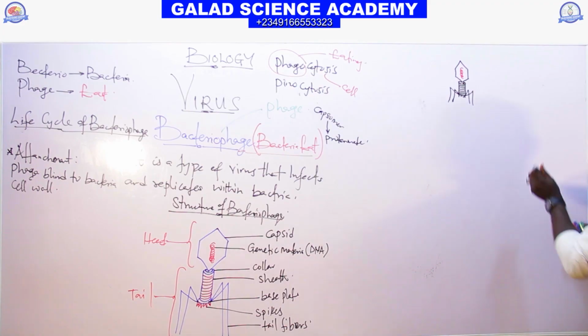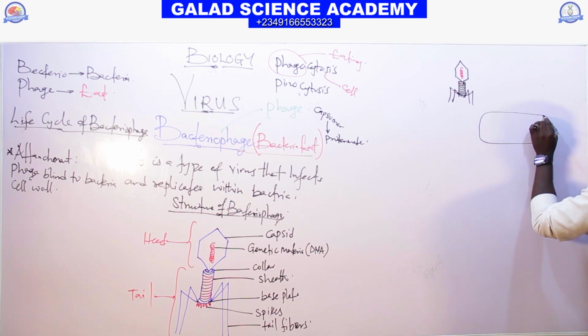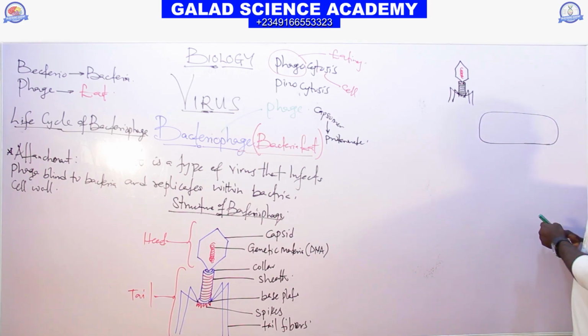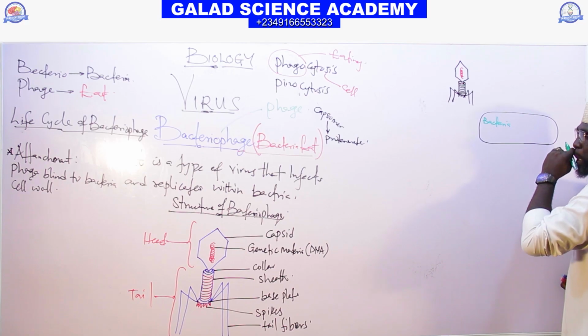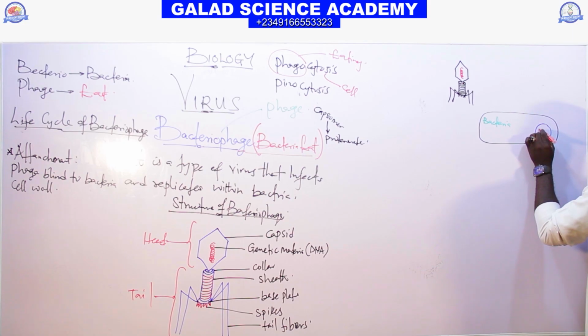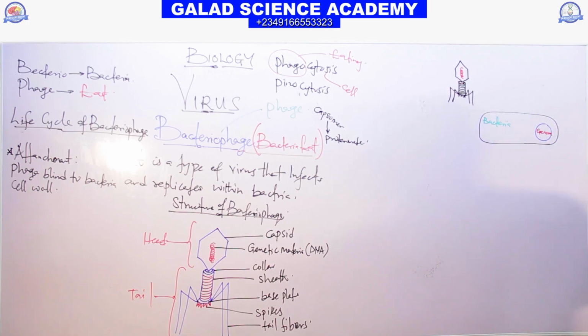Assume that at this level we have a bacterial cell here, a living bacterial cell. In the middle here we have the bacterial genome. Genome means genetic material. This is the nucleus of the bacteria, which can be found here.